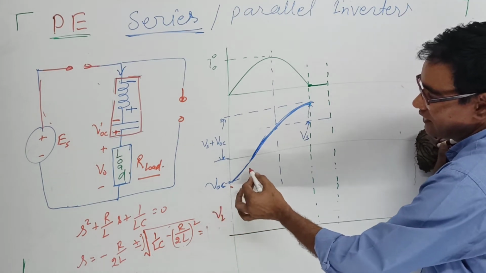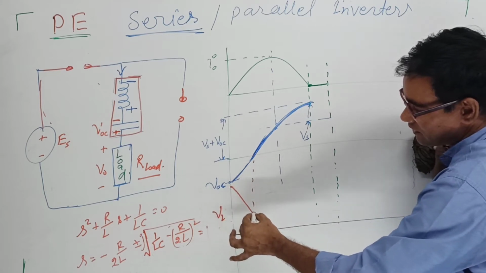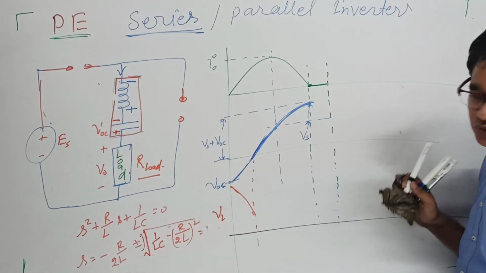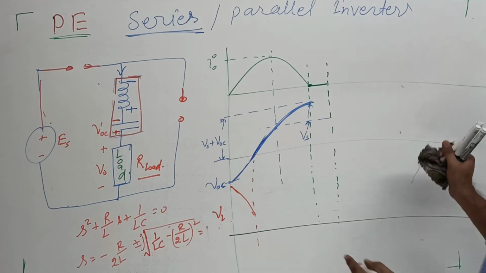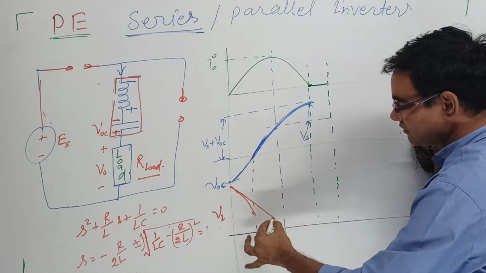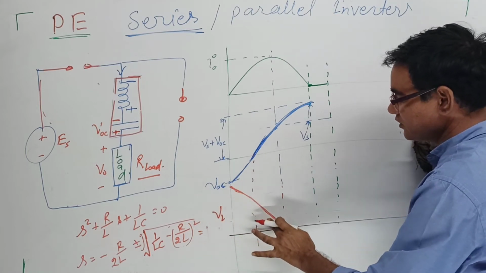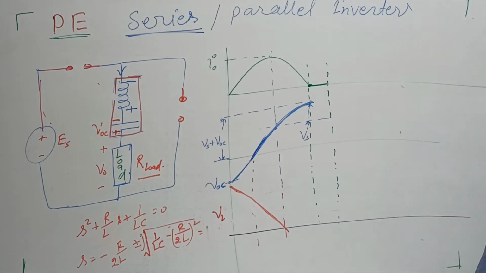But when the capacitor voltage is 0, only the source voltage appears across the inductor. And when the capacitor voltage reaches its value, the inductor's voltage becomes 0. So this is the inductor's voltage variation.